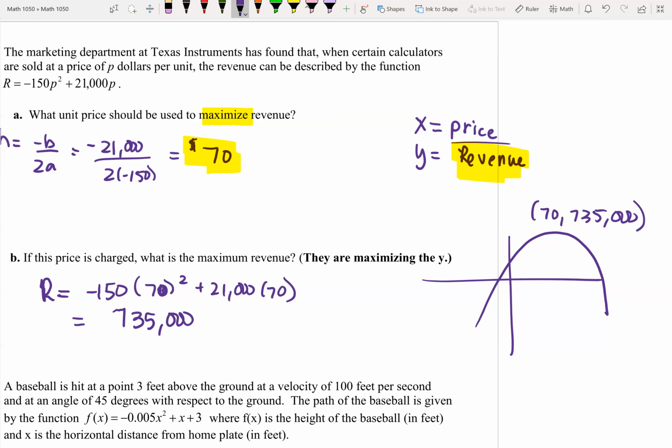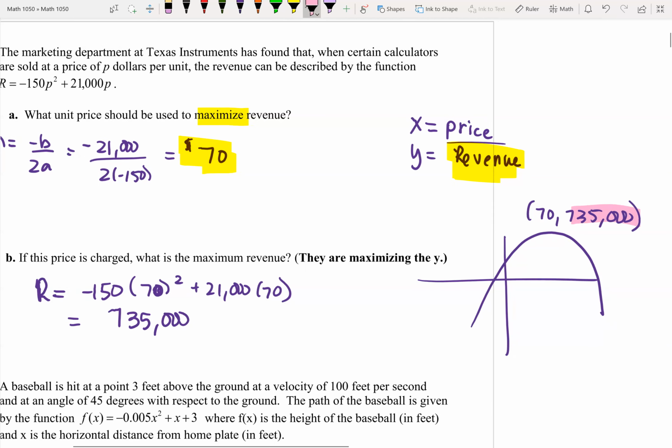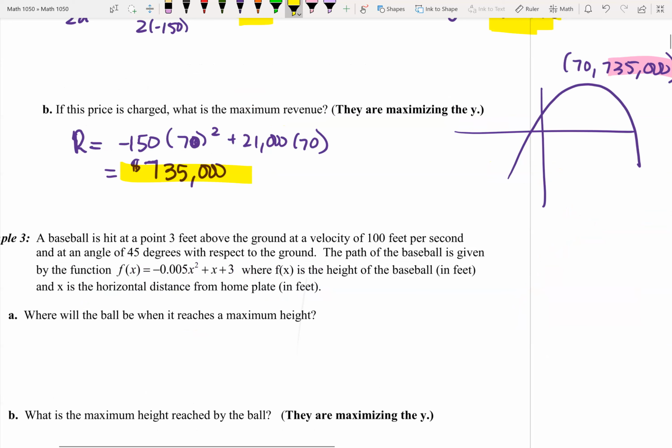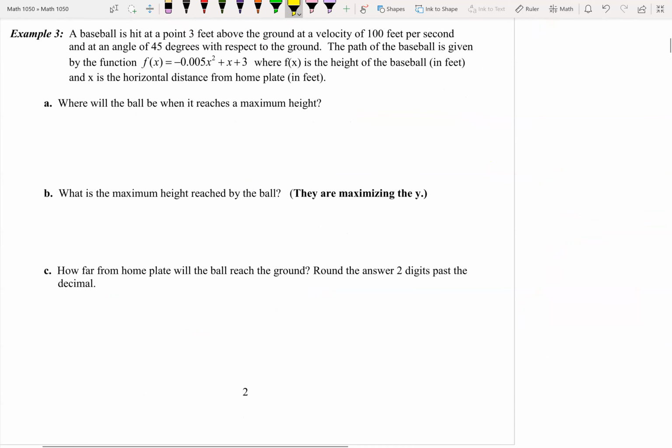They want the maximum revenue. That's the maximum y. I just want to make sure you guys understand what we're doing. So my label is dollars because revenue is money. That's my answer, and I'm done. There's a very, very high chance you will see this kind of problem on the midterm and or the final. Okay? Okay, example 3.